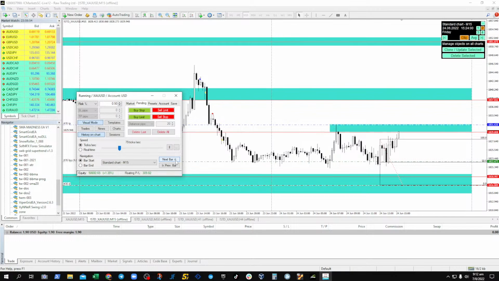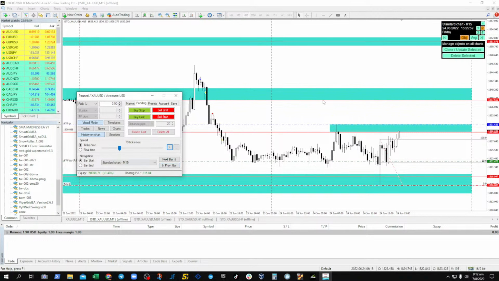Okay, 300. Okay, so we're at the H4 SNR zone, and we are at 300. I'm going to close it at 300 because we have tapped this SNR zone. Possible rejection here.